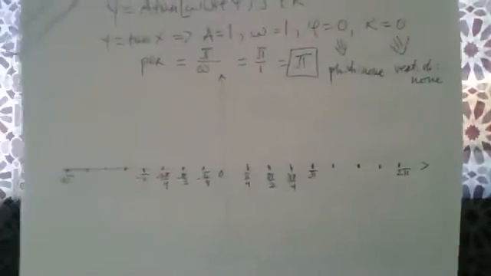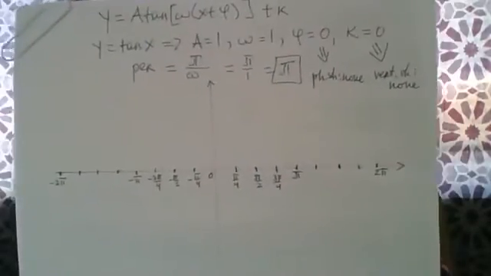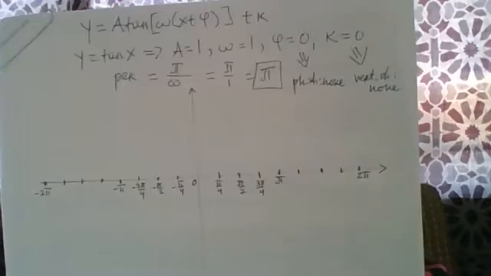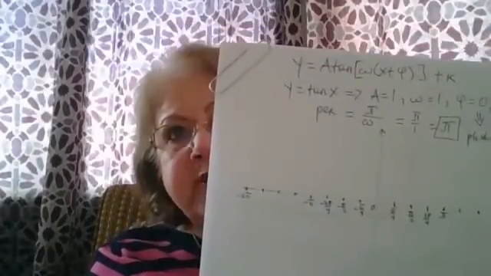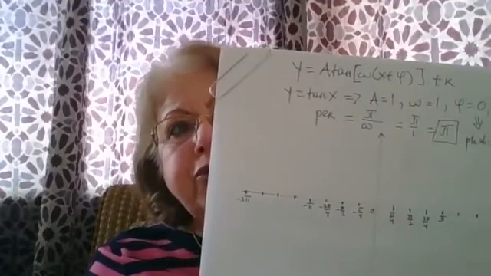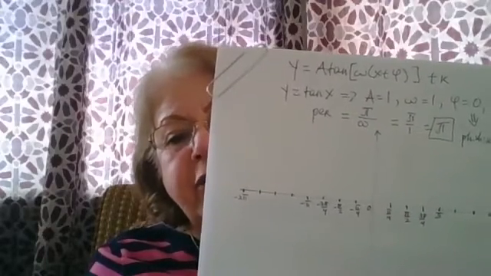You can see what I did. I have all these pieces right now. And now I will be counting by pi over 4. So look what I do. At pi over 4, basically I have 1 times pi over 4. Pi over 2 is 2 times pi over 4.